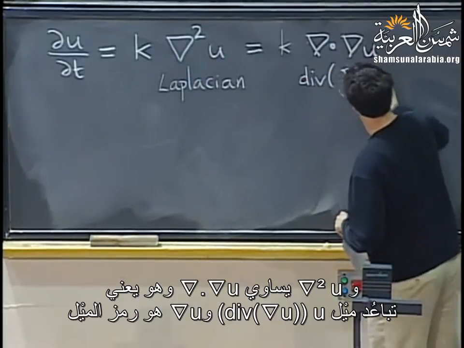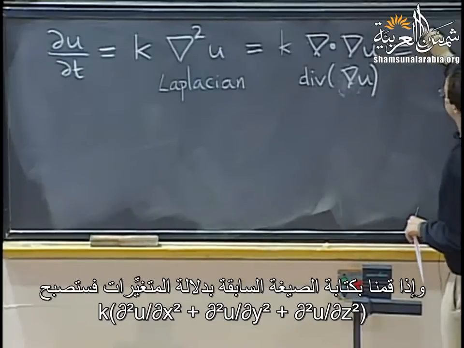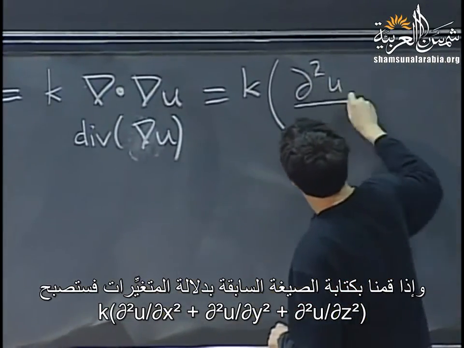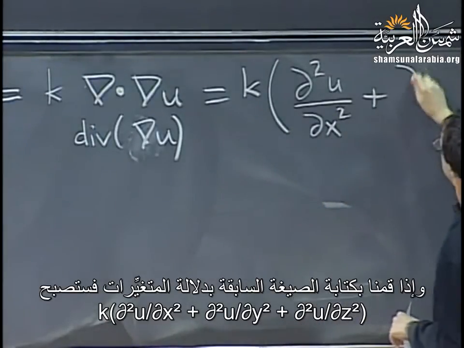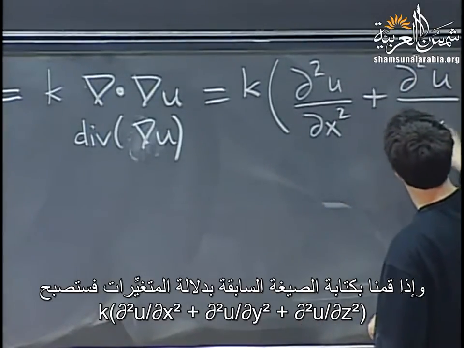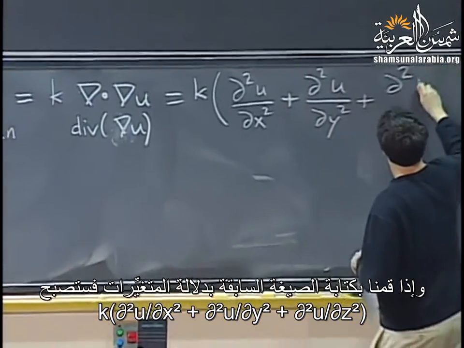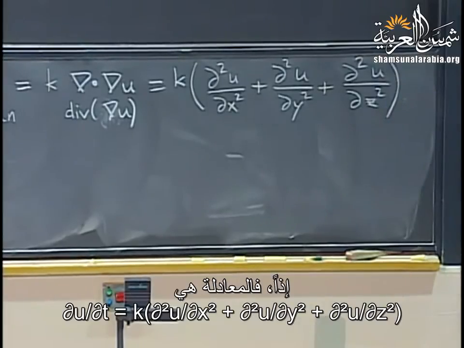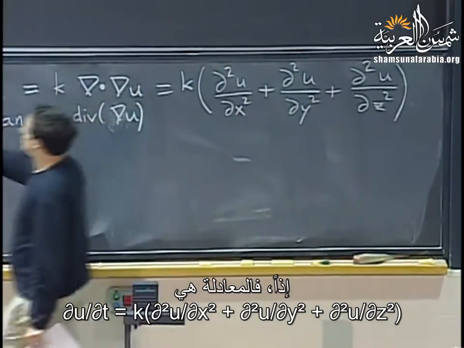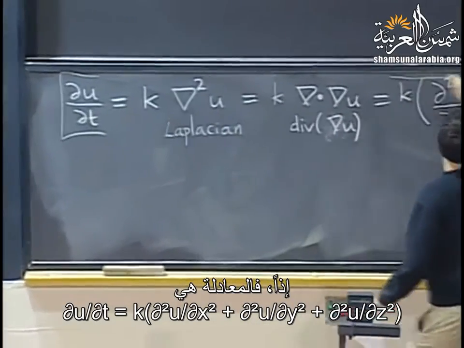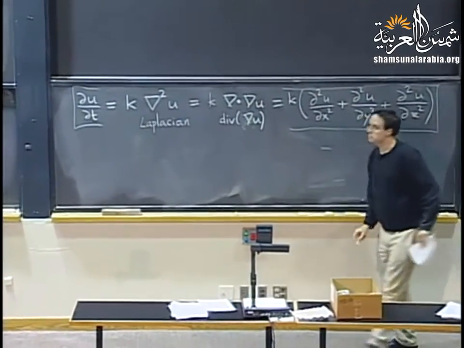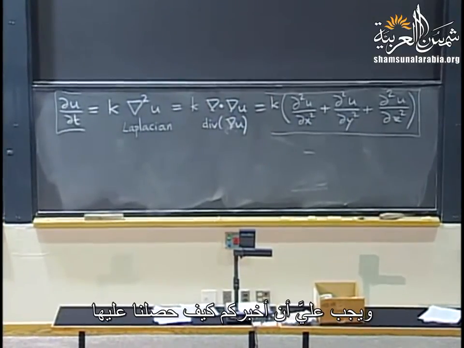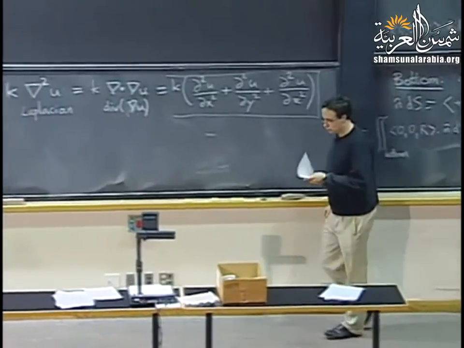We've used this notation for gradient. If you actually expand it in terms of the variables, that becomes partial squared u over partial x squared plus partial squared u over partial y squared plus partial squared u over partial z squared. So the equation is this equals that. That's a weird looking equation, and I'm going to have to explain to you where it comes from.